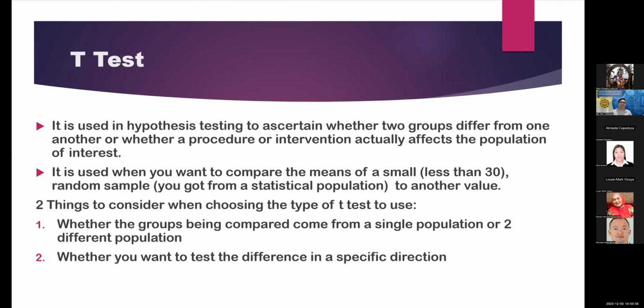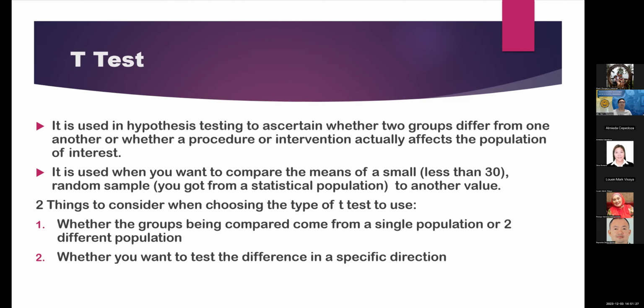It is used in hypothesis testing to ascertain whether two groups differ from one another or whether a procedure or intervention actually affects the population of interest. It is also used when you want to compare the mean of a small random sample, which is less than 30, taken from a statistical population, to another value.